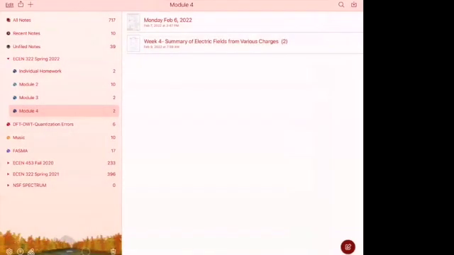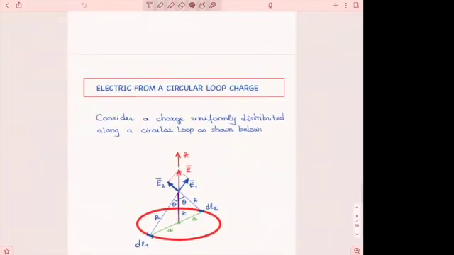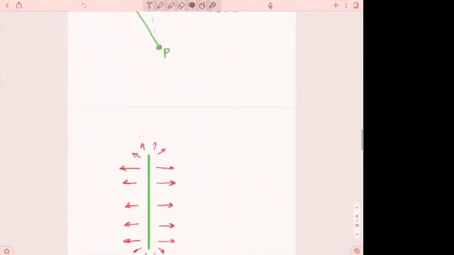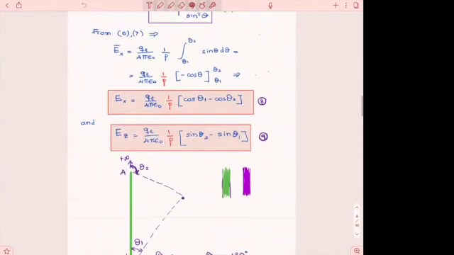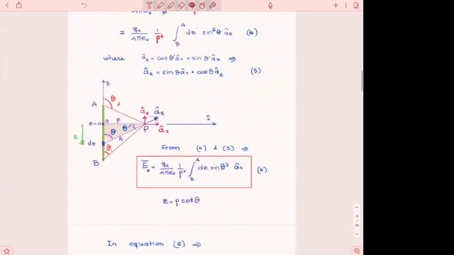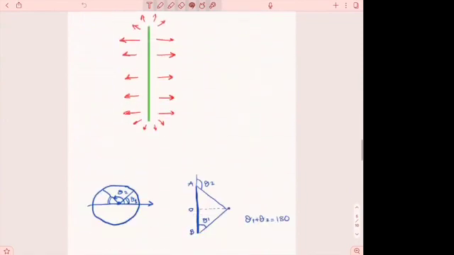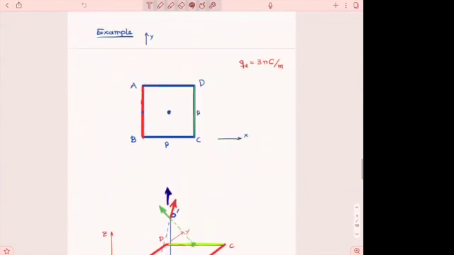Last time, also, we ended up working on that square. Remember, what I told you is to use the formulas that we calculated here for a finite length line charge, but then consider any shape like the square as made of 4 of these finite line charges.